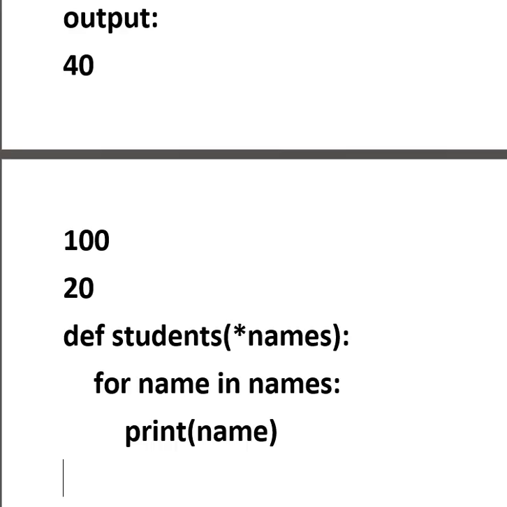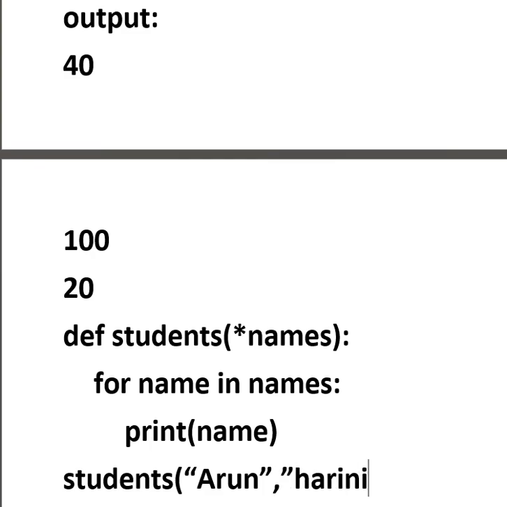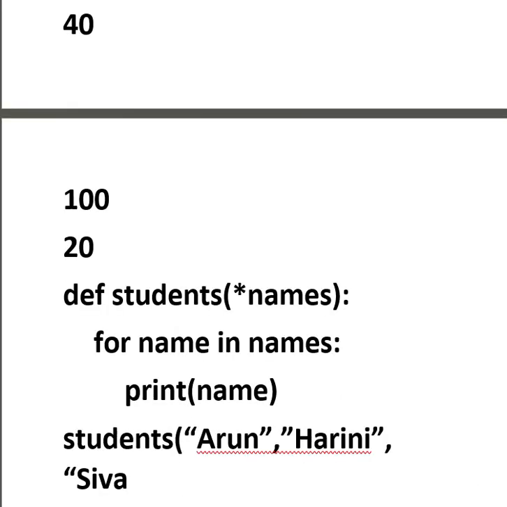So at last we need to call a function. Students, first one I need to take Arun. Second, Harini. And next one I'm going to take the name as Shiva.